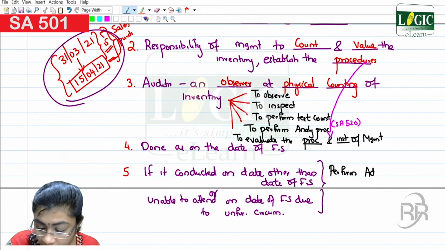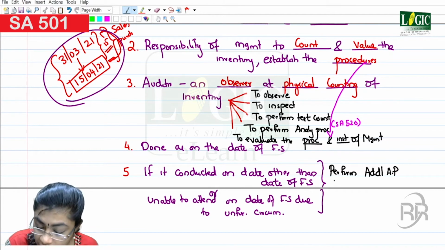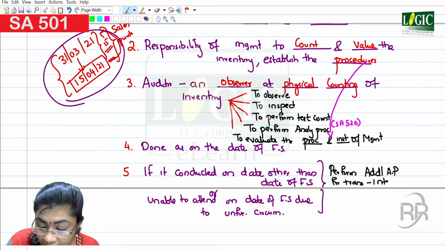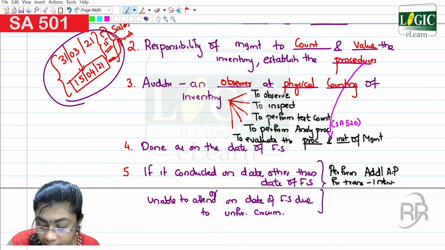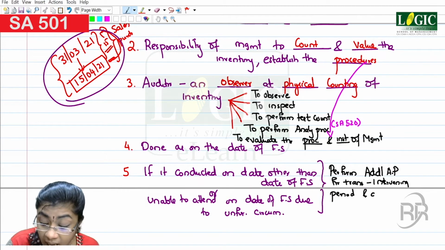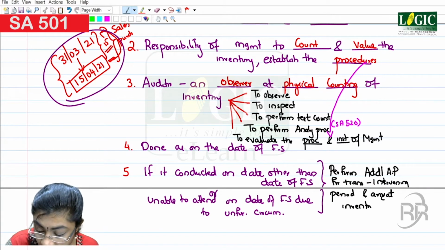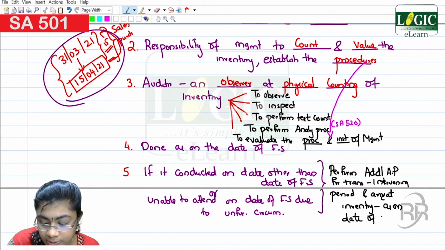So, perform additional audit procedures for transactions during the intervening period, and arrive at the inventory as on the date of FS.